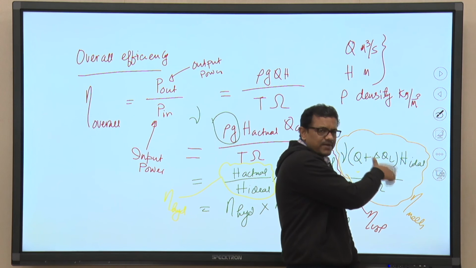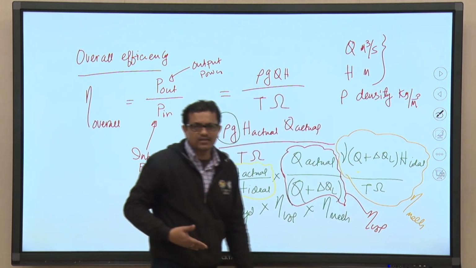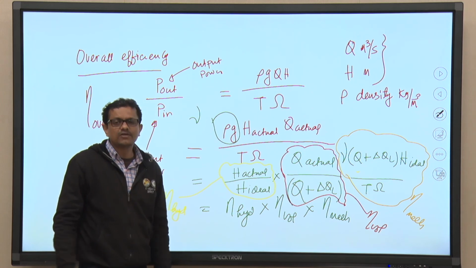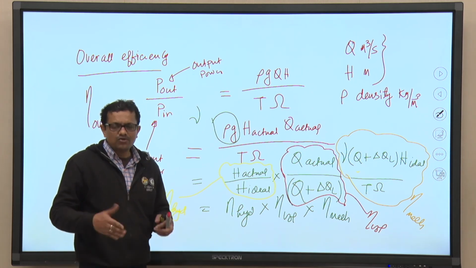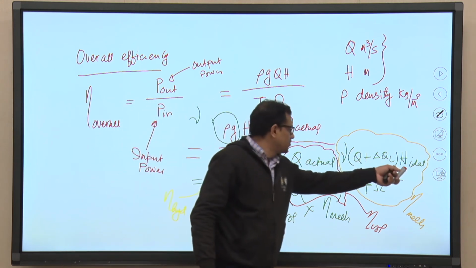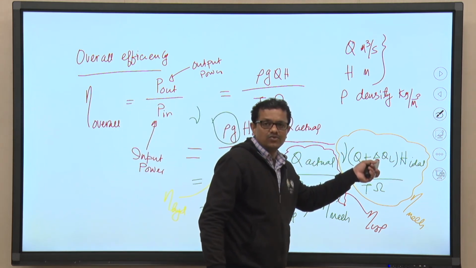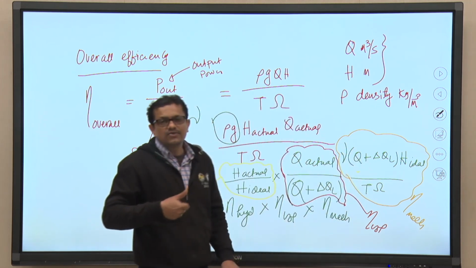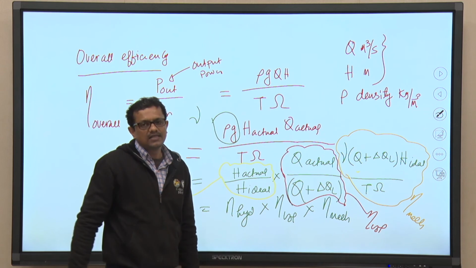But because of losses in the flow passage, between two consecutive blades due to formation of eddies and other losses, this quantity will be reduced, and also due to leakage, but still this is the power which is available at the impeller.